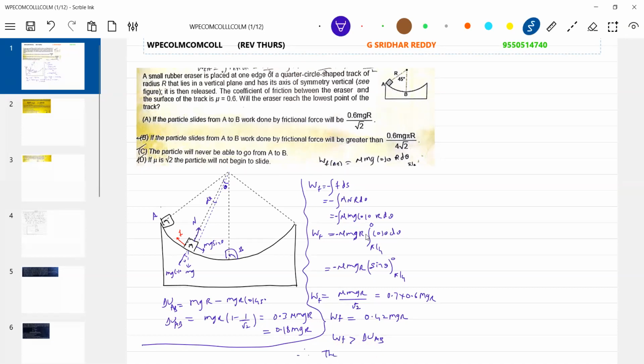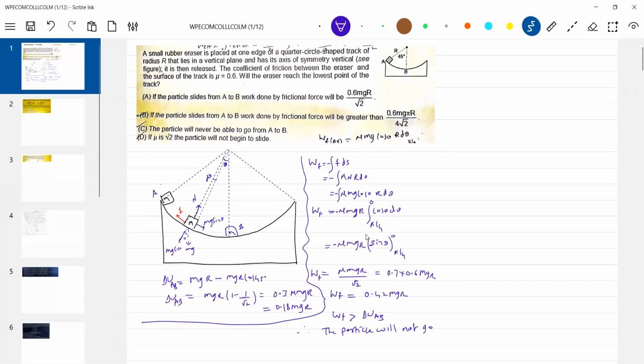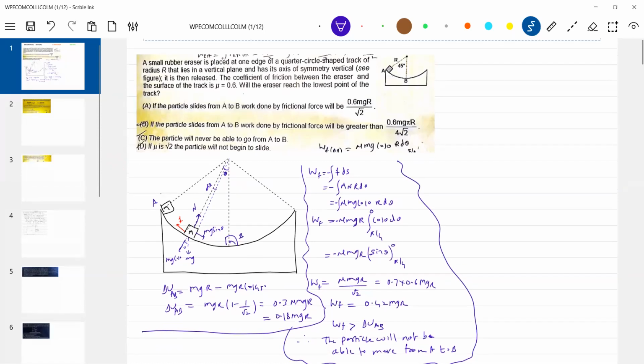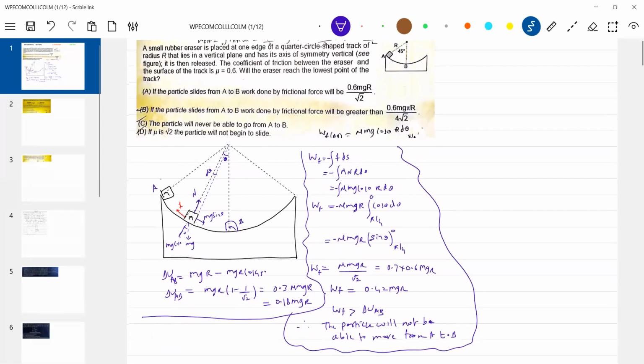Okay, this option C is what we have verified. Let's take all the options one by one. Just cross checking.